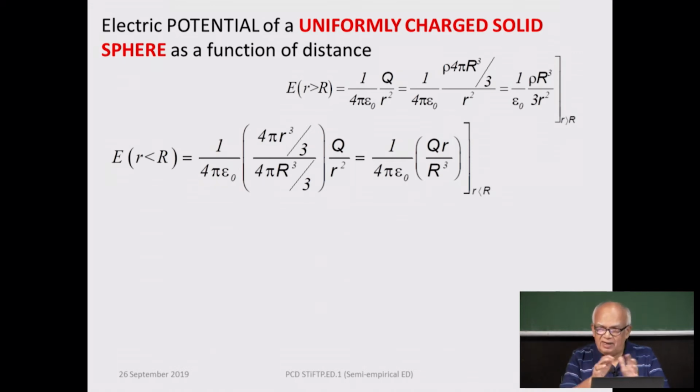Now, inside the sphere, if you find what is the intensity at a point inside the sphere, then at that point you have got some charge in the interior region and also some charge in the exterior region. The charge on the exterior region will not exert any force inside it.